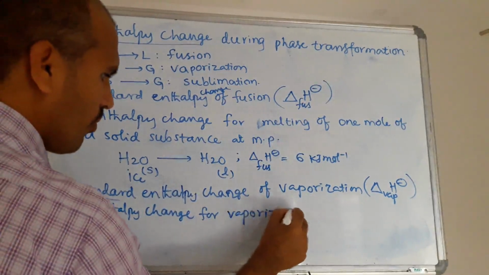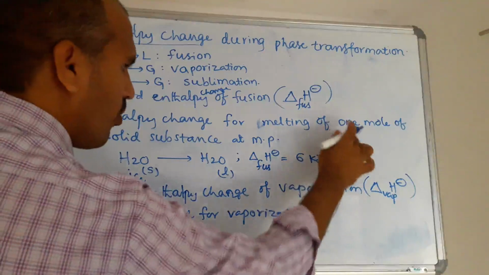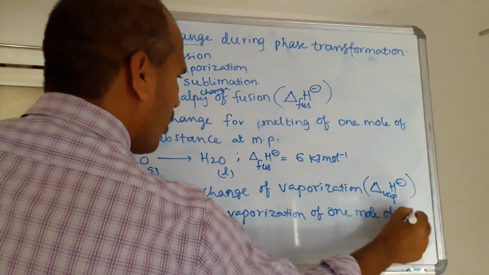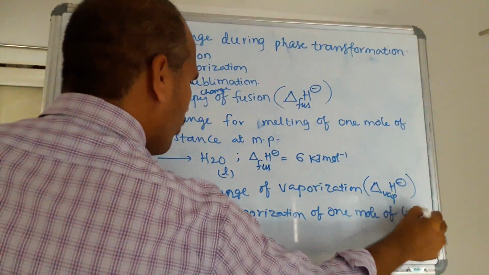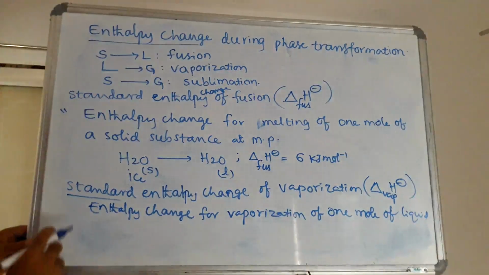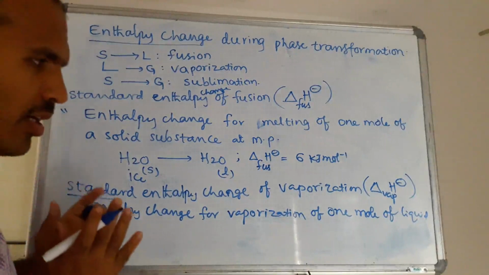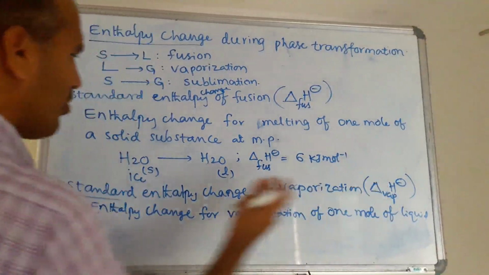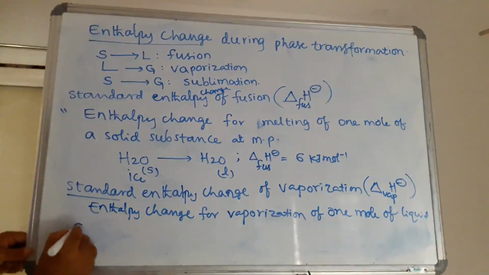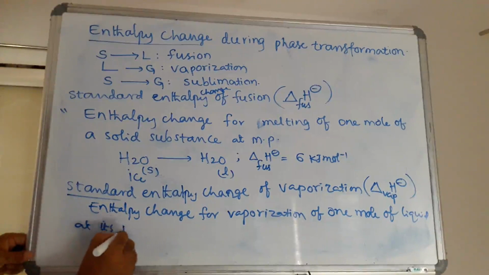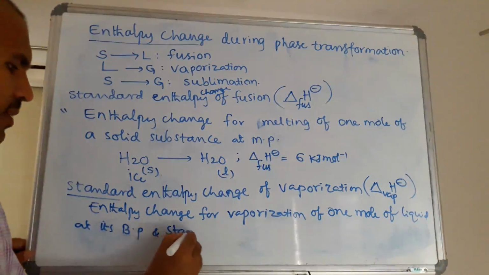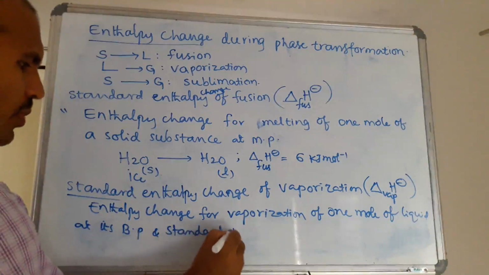Vaporization of 1 mole of liquid. So liquid is converted into which one? Gas. Vaporization we already mentioned here: vaporization of 1 mole of liquid at its boiling point and standard pressure.